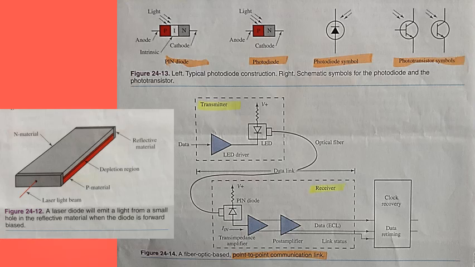The PIN diode converts the light wave pulses into a varying current. The transimpedance amplifier is the pre-amplifier that converts the varying current into a corresponding varying voltage. The post amplifier is the final amplifier stage, which receives the signal from the transimpedance amplifier.